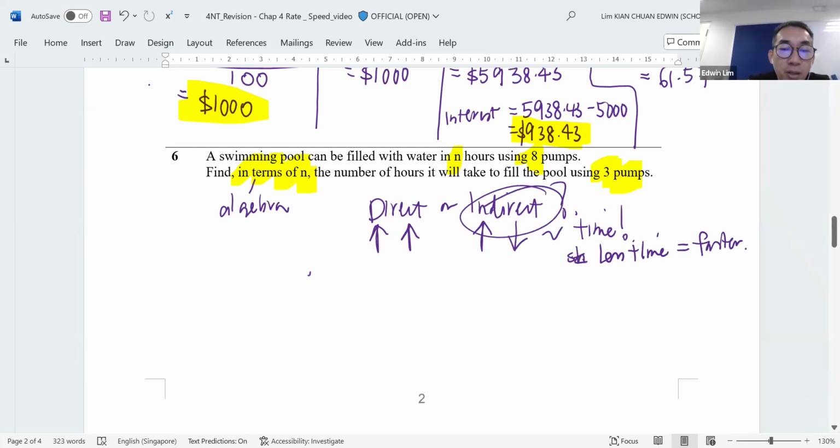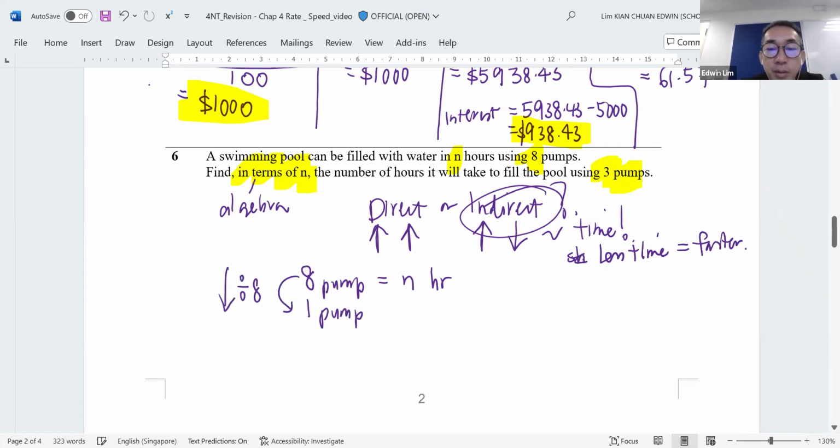So right now, this is what I can do. 8 pumps, I will use n hours. If I have only 1 pump, I divide by 8, meaning I drop, so the other one will increase. So I will times 8 equals 8n.